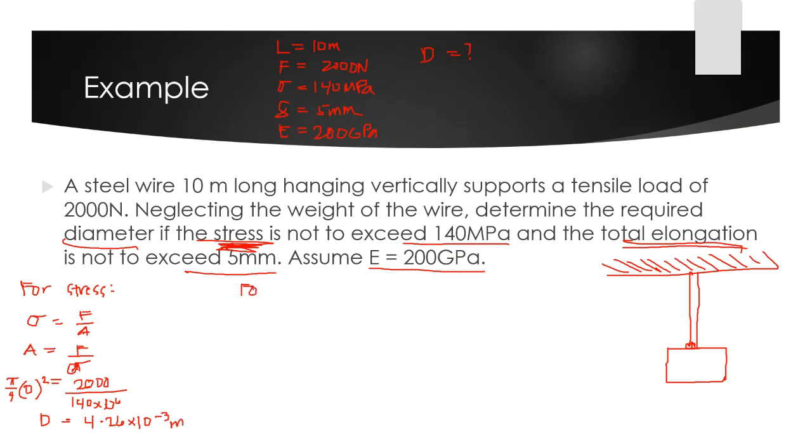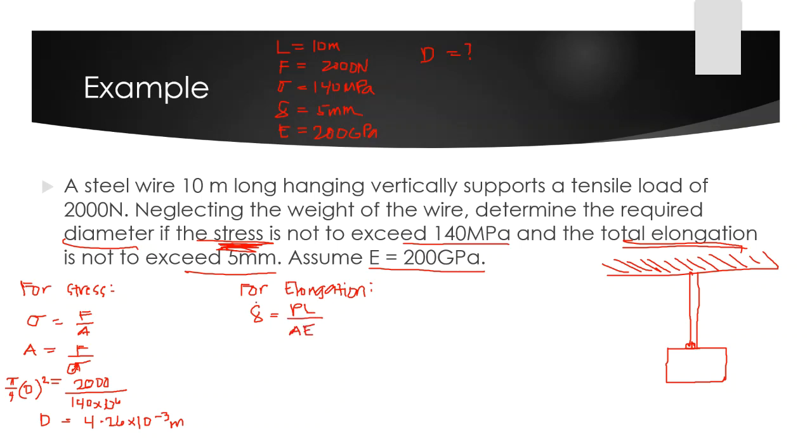Now for the elongation, or the deformation, we can use the formula PL over AE, since we are looking for the diameter and we cannot use stress automatically.